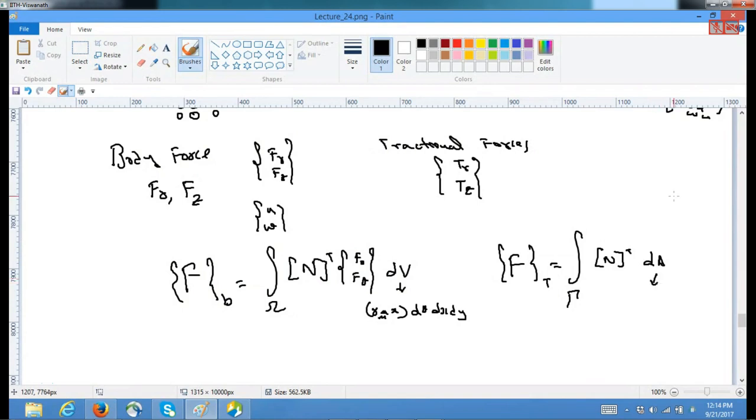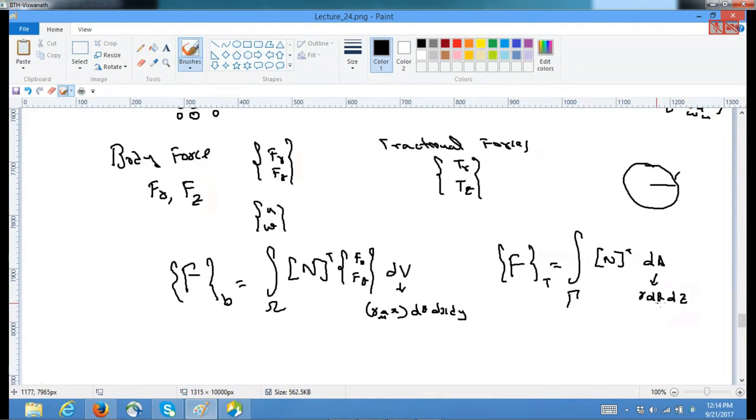Here, let's say if it is acting on an external surface, then we know that dA comprises r dθ into dz. That would be our area element. So this can be replaced as (Rm plus x) dθ dz.